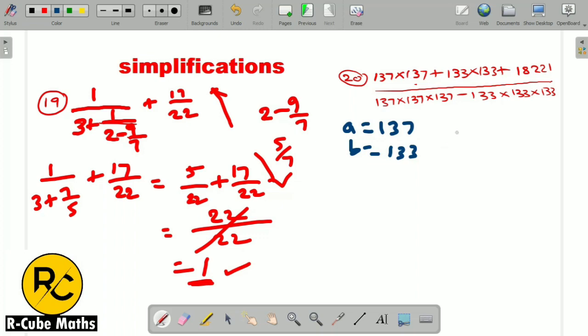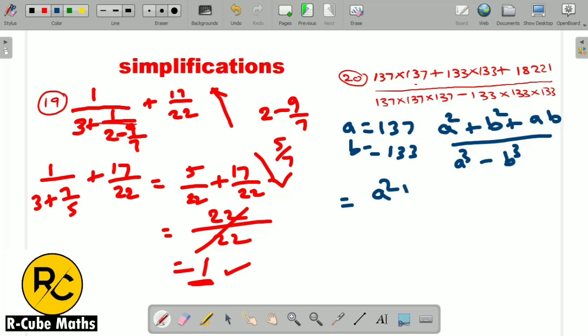So we get the relation A square plus B square, plus the product of 137 and 133, that is A into B, divided by A cubed minus B cubed. Numerator as it is: A square plus B square plus AB.